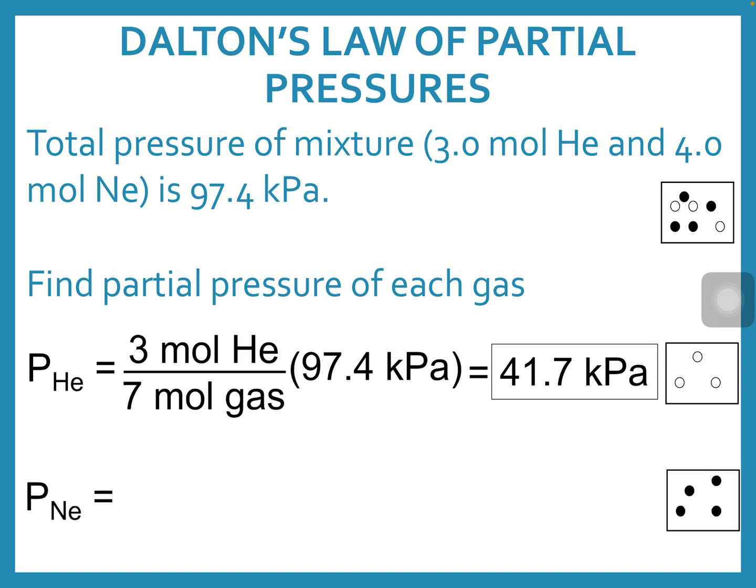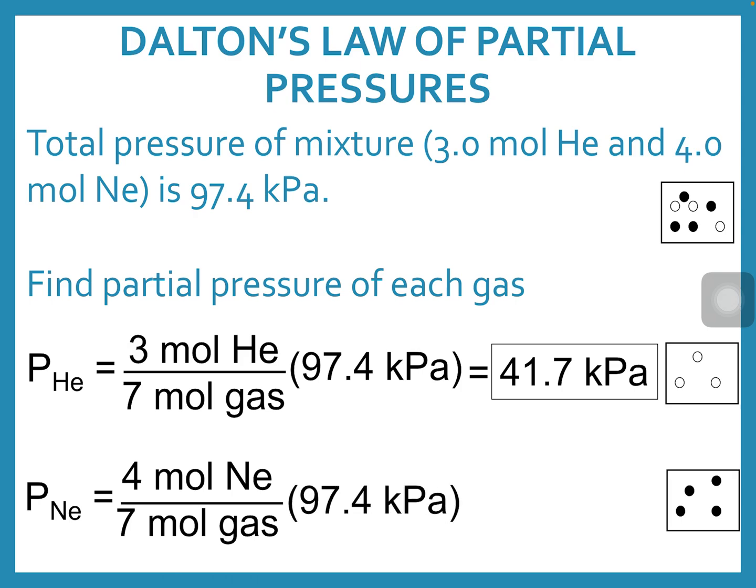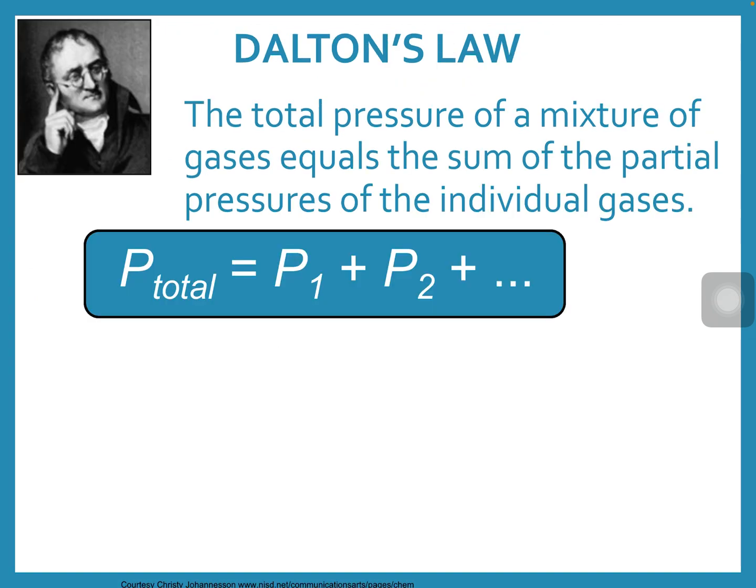And for neon, we have 7 moles total, and 4 of those moles are neon. So 4/7 of the total pressure comes from neon. So that is 55.7 kilopascals is the partial pressure of neon. So Dalton's law then is that the total pressure of a mixture is equal to the sum of the partial pressures of each individual gas.